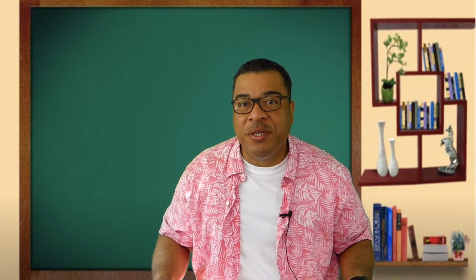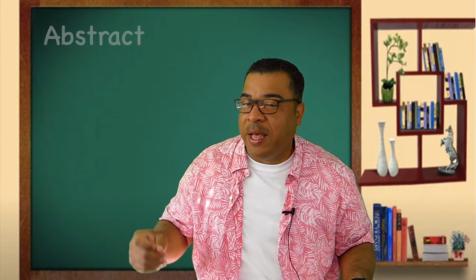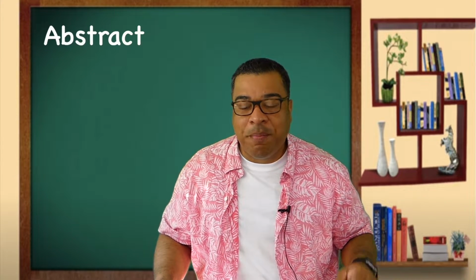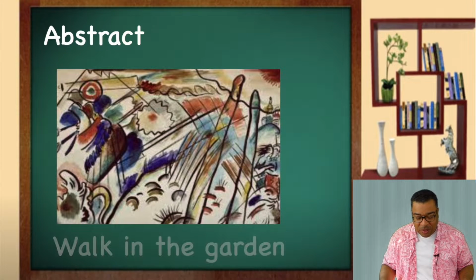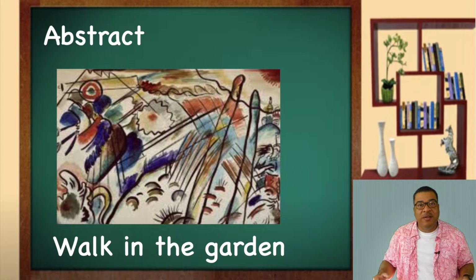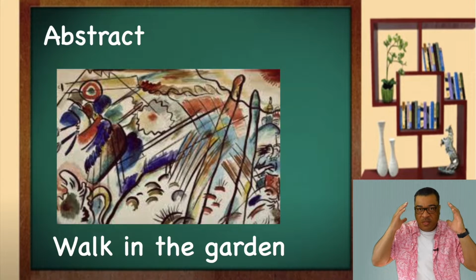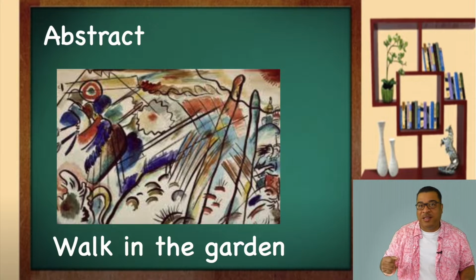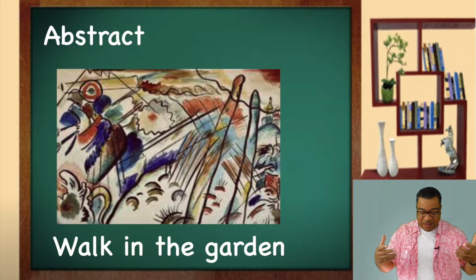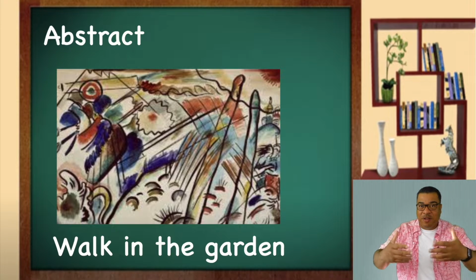Now, it's really important to understand the word abstract. If you look at a painting like this, this is an abstract painting and it's called Walk in the Garden. Abstract means that it's not something that's clear. It's more of a thought in your mind. It doesn't really look like a garden. It doesn't look like trees. It doesn't look like grass or a field.